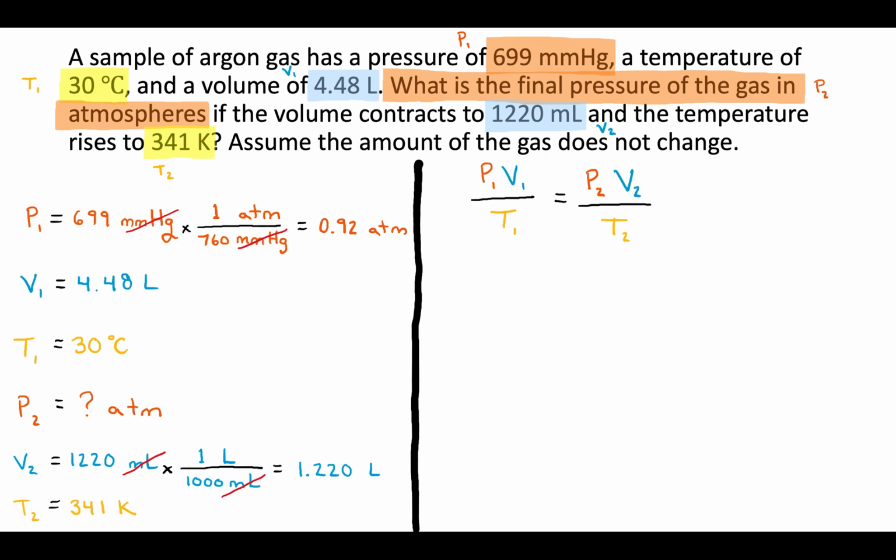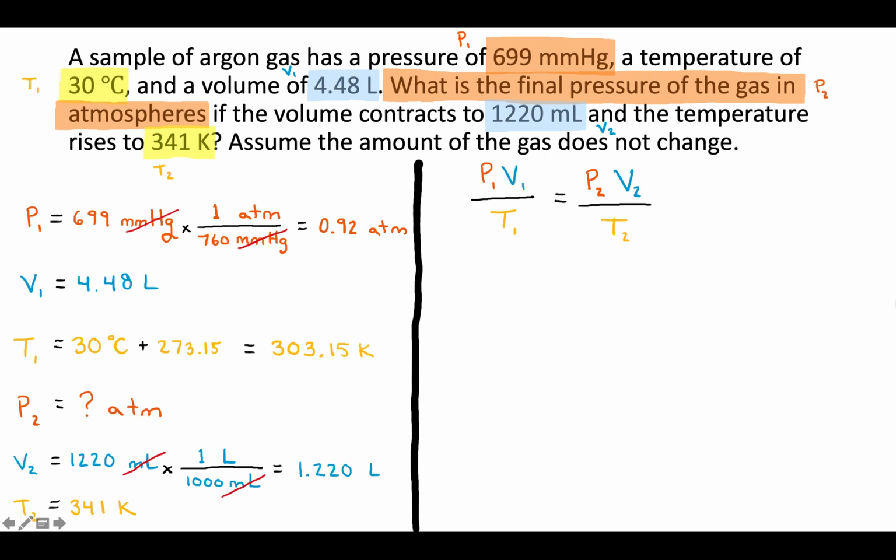So we have this degrees Celsius for T1. We're going to convert it to Kelvin using this equation. Kelvin equals degrees Celsius plus 273.15. So we'll take that degrees Celsius, add 273.15, and that will give us 303.15. Now we have units matching and in Kelvin for temperature.